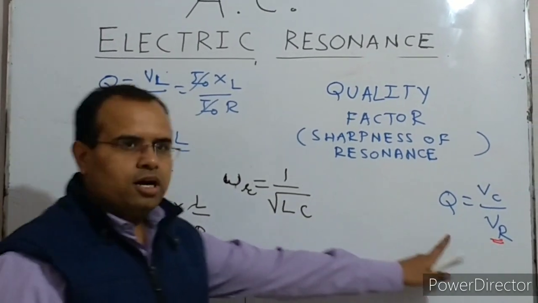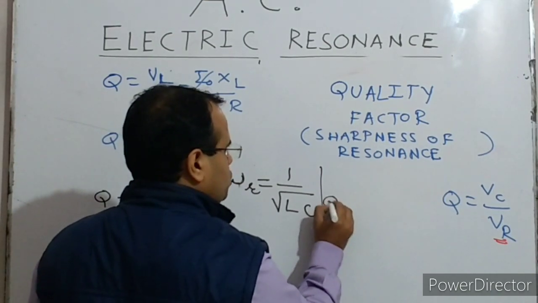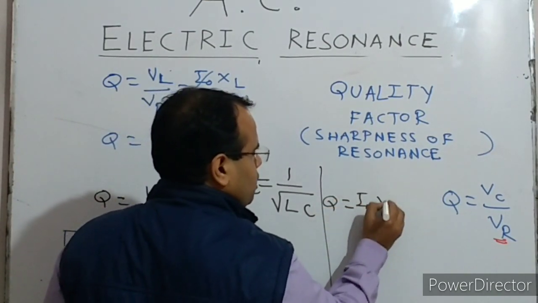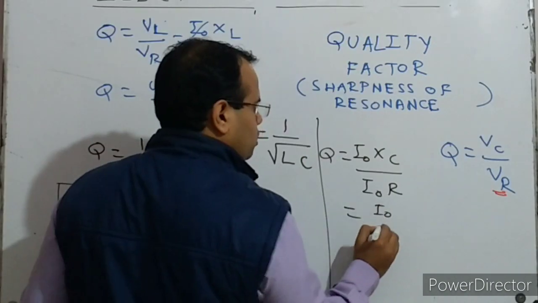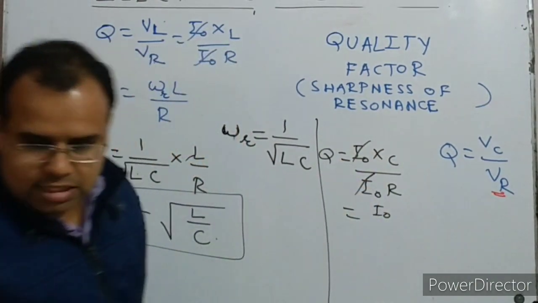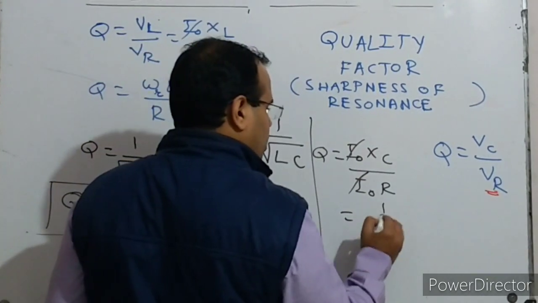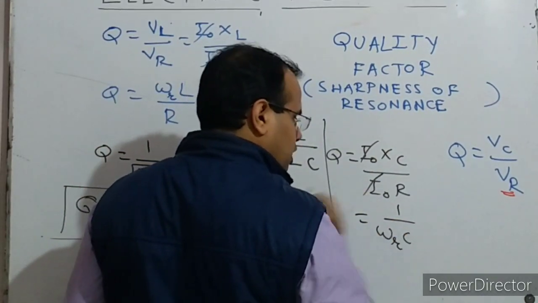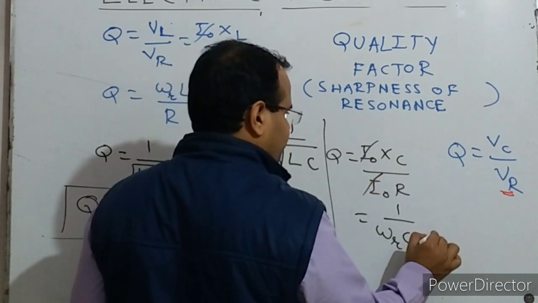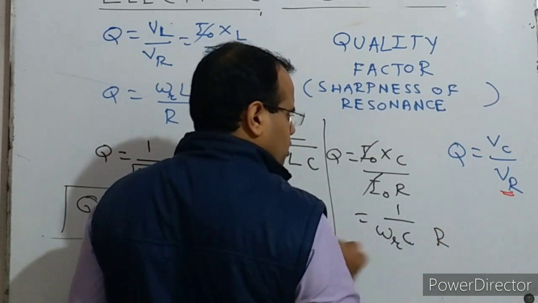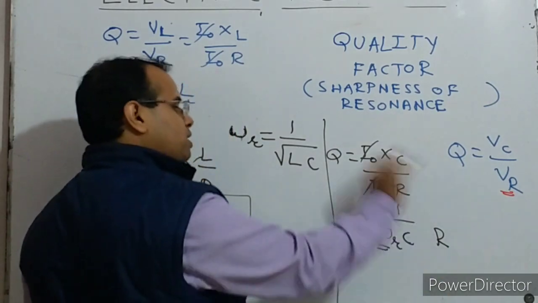Similarly, you can write it for VC. Q equals VC upon VR. VC is I naught XC and VR is I naught R. I naught is cancelled. XC is 1 upon omega C, so you can write it as 1 upon omega R C R. Now you can substitute omega R, which is 1 upon root LC, so it will go up.